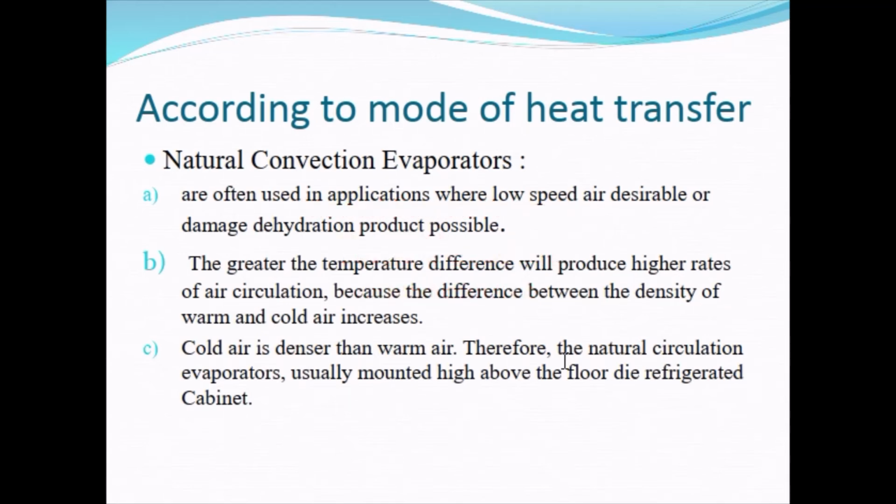The greater the temperature difference, the higher the rate of air circulation, because the difference between the density of warm and cold air increases. Cold air is denser than warm air. Therefore, the natural circulation evaporator is usually mounted high above the floor in a refrigerated cabinet.